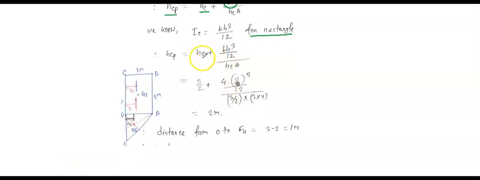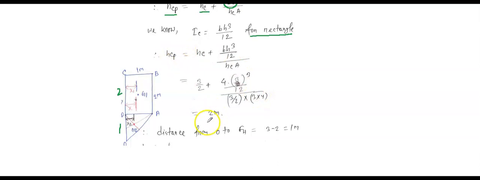You see, this is HC, and this is actually the H. So H is given 3. So this is 2, and this is 1. So this is 3. And again, this is over 12, and then HC equals 3 over 2, and area 3 over 4. We did some calculations for area previously.